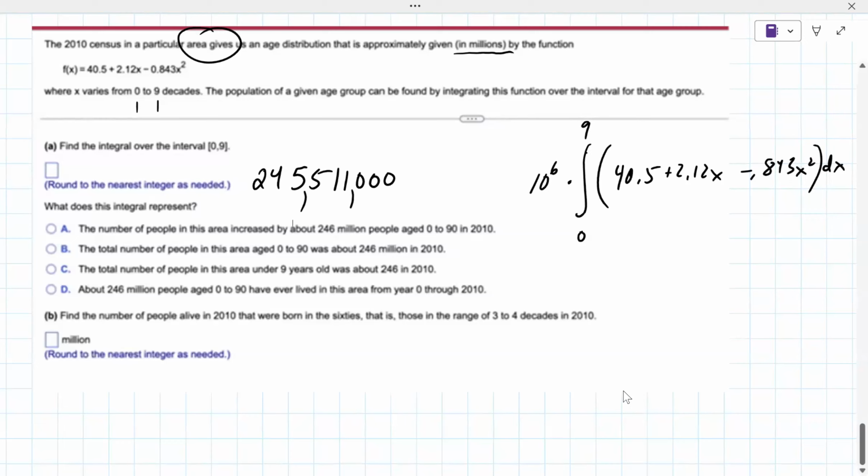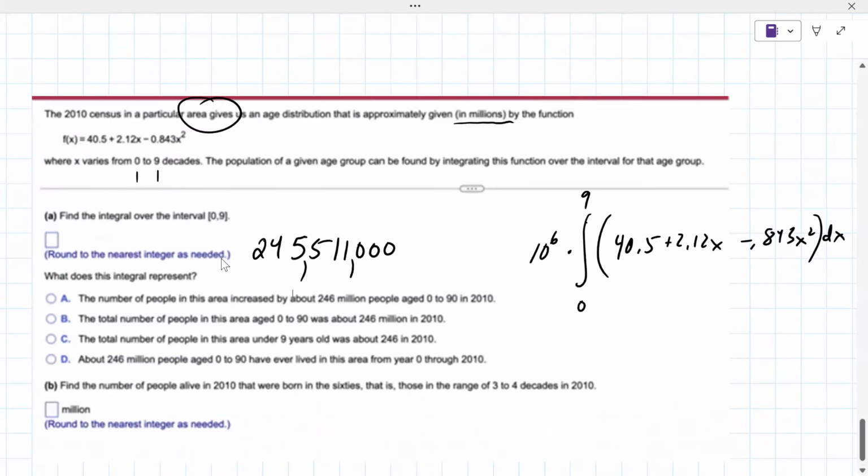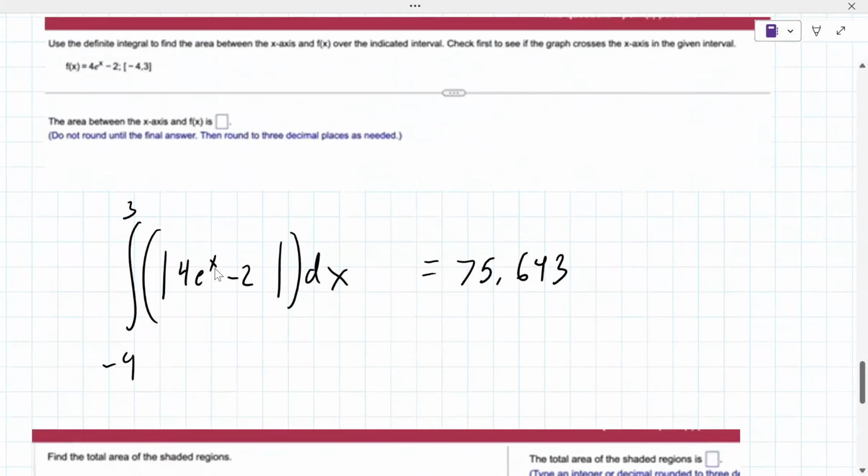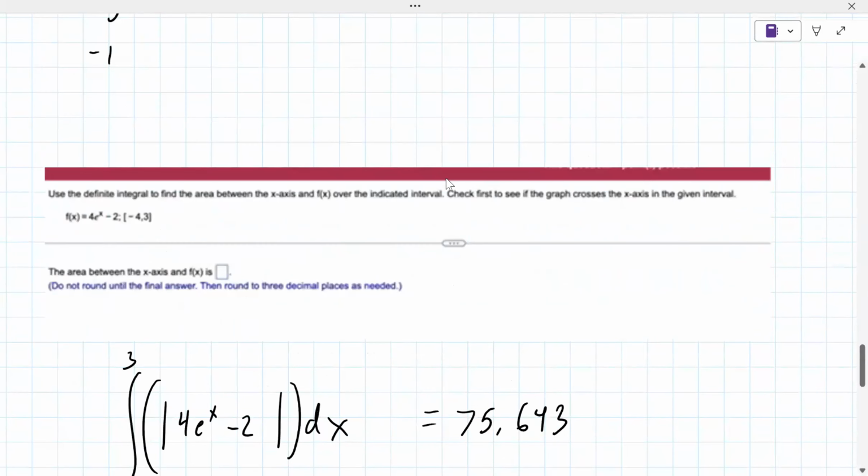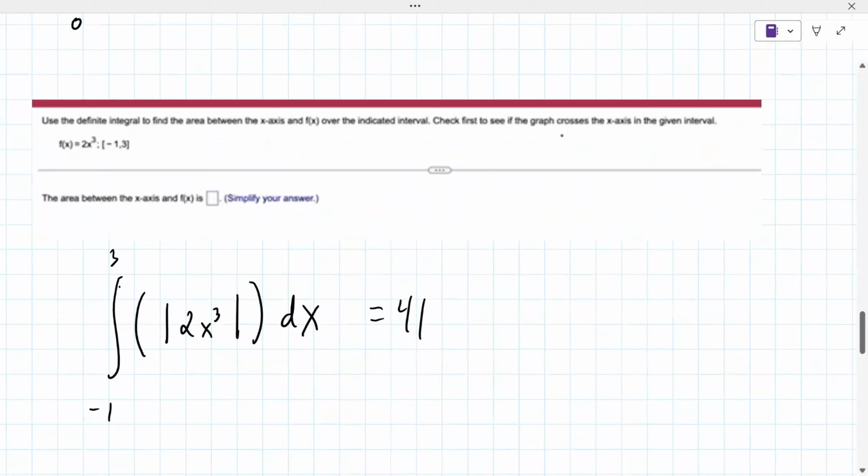How do you then know it's not absolute value? So all the previous problems said to check first to see if the graph crossed the x-axis. Oh, okay. Now, that's not really the official answer.